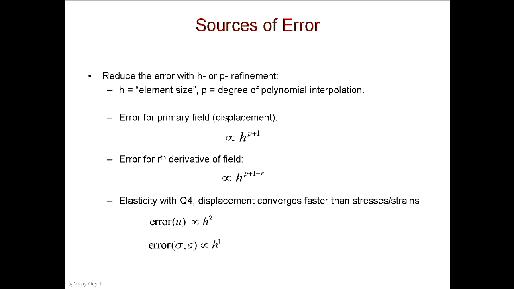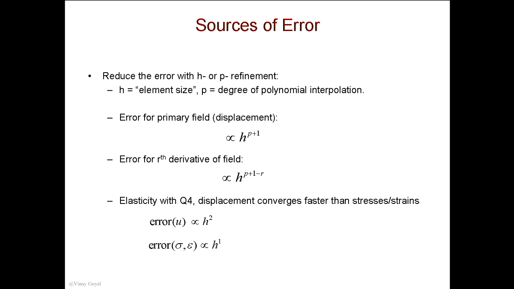As an example, let's take a Q4 element. A Q4 element is a linear interpolation, you agree? Yes? So p is 1, so the error for displacement is proportional to h squared. So if I decrease the element size, then the error will decrease proportional to h squared.